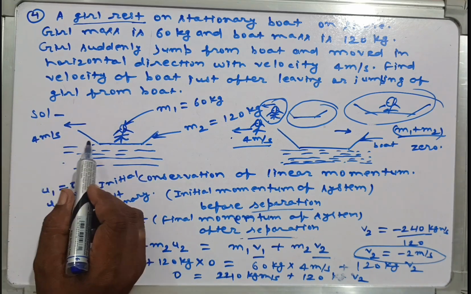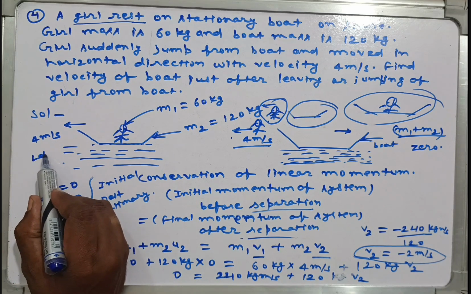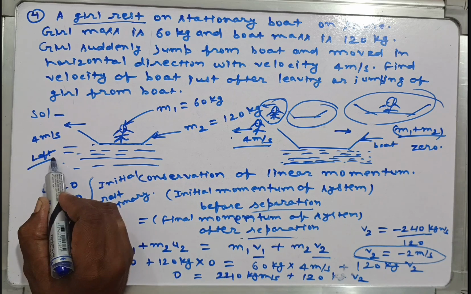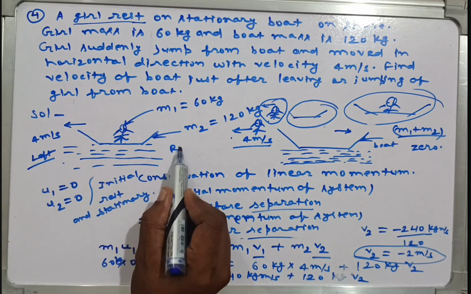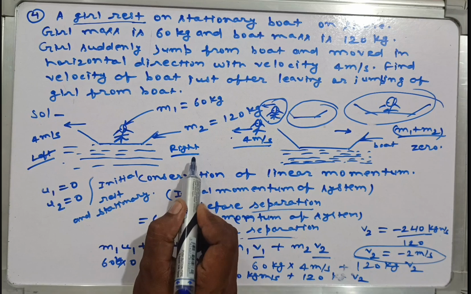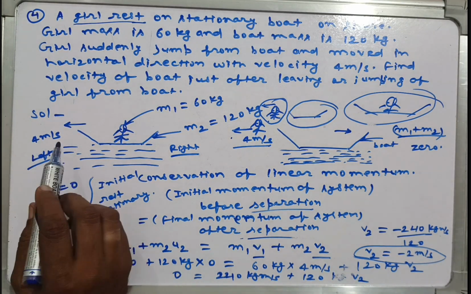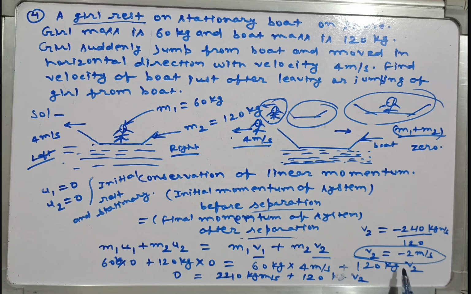Here we assume the girl's direction of motion is left, then the boat's moving direction will be right. So it is per our choice. Only the negative sign denotes that both are moving in opposite directions.